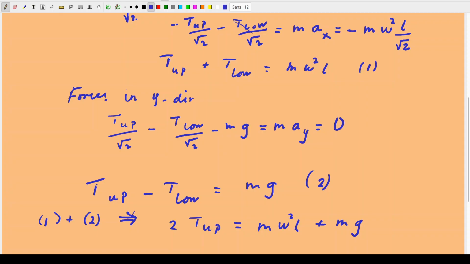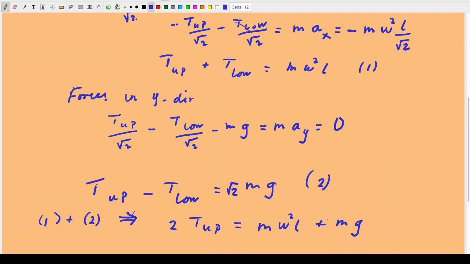I made a mistake in equation 2. Let's see here. I let the mg over to the right side, but I forgot about the square root 2. So it should be a square root 2 involved here. Like that.